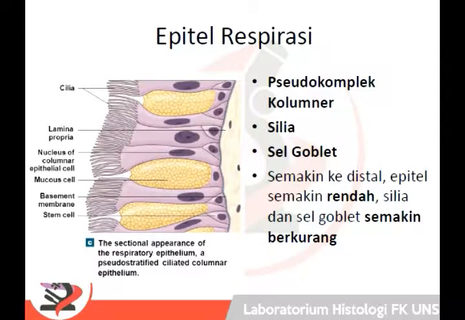The type of respiratory epithelium is pseudostratified columnar. Here are the apex pole, the lateral pole, and the basal pole. On the apical surface, we can find cilia, and on the lateral surface, between the pseudostratified columnar epithelial cells, we can find a type of cell that produces mucus, called the goblet cell.